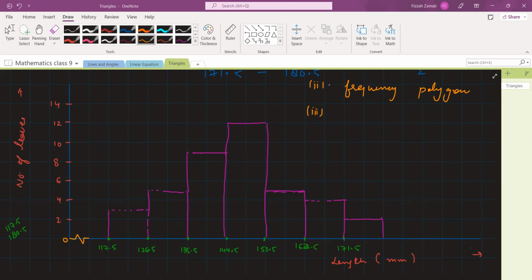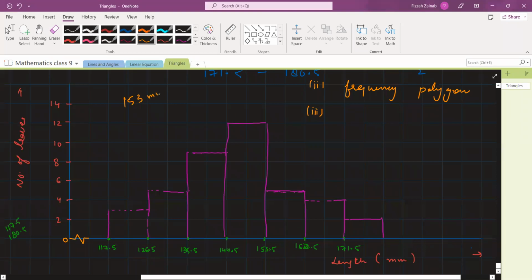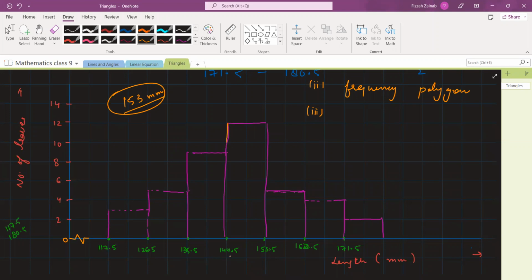See here, they are asking: is it correct to conclude that the maximum number of leaves are 153 long? Now, what is the maximum height? 12, right? So for a certain length, the maximum leaves can be 12. But this 12 is not only for this length, it is for a range of length.